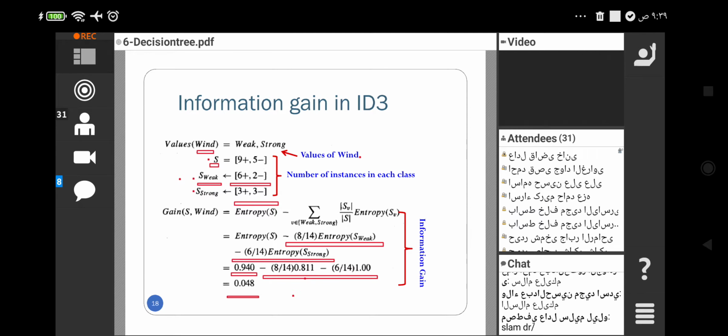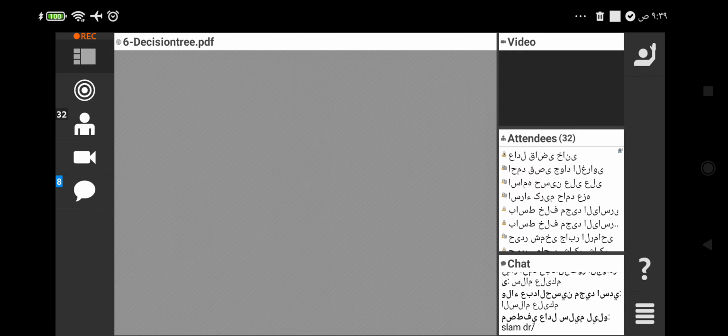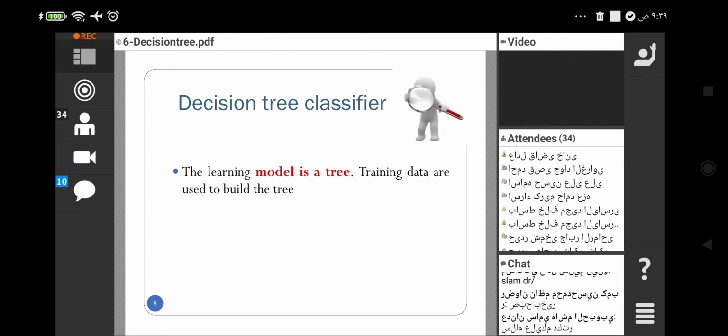We said that a decision tree is a classifier in which the learning model is a tree. This means that the relation between the inputs and output is done using a tree.